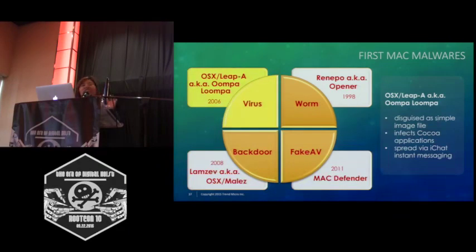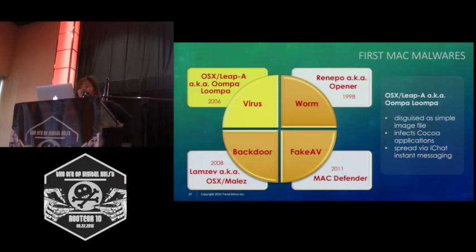I will be discussing some of these threats that we have experienced in recent years. First of all, I will be talking about the first Mac malware. There are different categories of malware: the virus, the worm, the backdoor, and the fake AVs. This is quite similar to Windows, but a Mac version. The first virus in Mac seen in the wild is OSX/Leap.A, also known as Oompa Loompa. It was first seen in the wild in 2006, fairly recent compared to viruses in Windows.